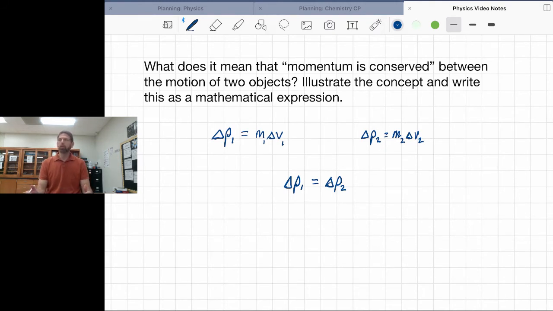So think about it this way. I mean, sports analogies are cliche and probably overused, but think about it this way. You've got two runners, two players. They're running at each other. One of them is moving kind of slowly, running kind of slower than the other.